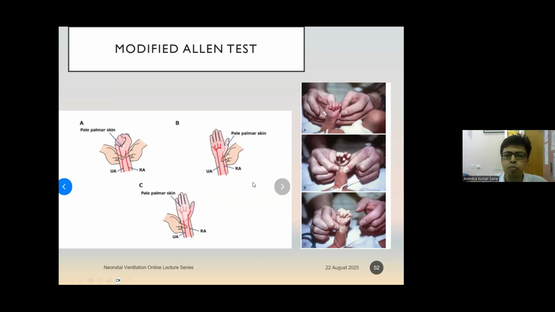If both arteries are patent and there is flushing of the skin, then we are happy the palmar arch is circulating. Then we can puncture one artery. Otherwise, in case of incompetence or any blockade in the artery, it is very dangerous to puncture because of the blockade of the artery and gangrenous change in the hand.